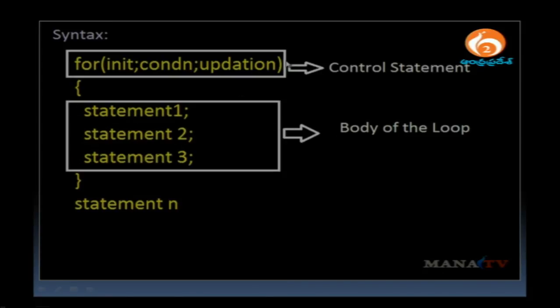If the condition becomes true, only then the body of the loop is executed. If the condition becomes false, this body of the loop will not be executed. Here statement n is not a part of the for loop. Whether it is true or false, statement n is executed.